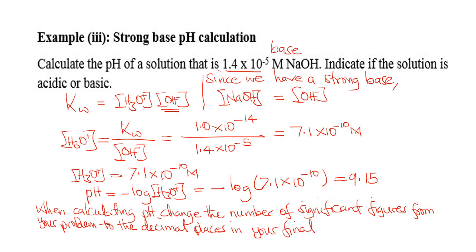So in this case, what we have done is to check that this one has 2 significant figures. Therefore, the answer must have 2 decimal points when you are calculating the pH. Really, the reason is because we are moving from a value to a logarithm of the value. So that's important to take note.